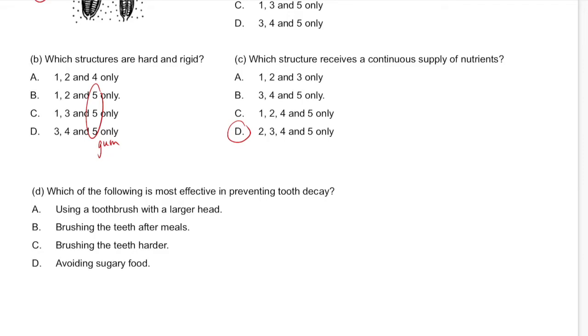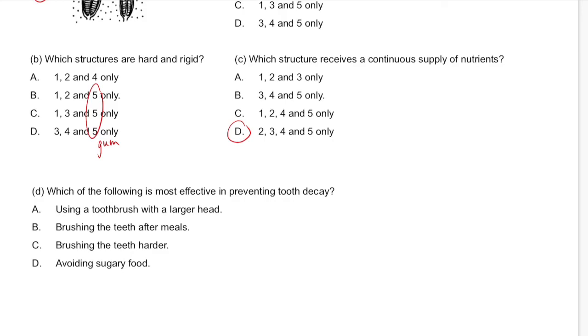And then let's consider B or D. If we avoid sugary food, however, we're still taking other forms of food, and when the bacteria break down that food, it would still produce acid.